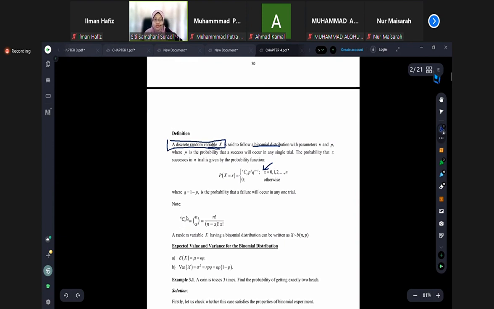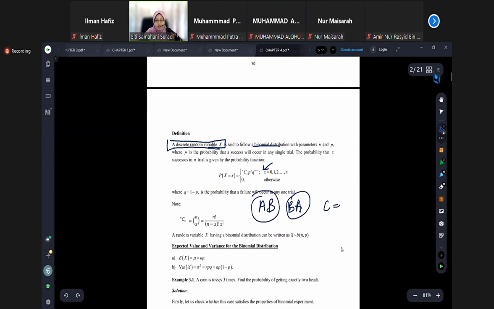So how do you find the combination of N choose X? The combination, as you learned in secondary school, is the possible combination of outcomes. It can be AB or BA, the same combination, so they consider the combination as 1. Permutations are different: the possible arrangement might be different, so it is considered 2.